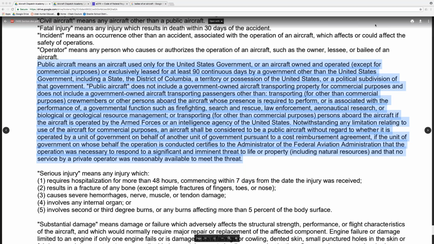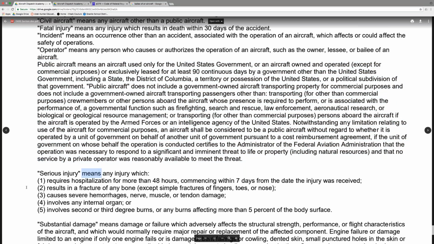So Corey, if you want to read that section down to serious injury, basically. Okay, starting with serious injury? No, from public aircraft down to serious injury. Oh, okay.